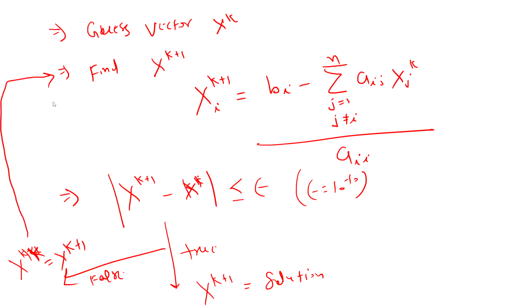So this is basically the pseudo algorithm of this method. This is called the Gauss Jacobi method.